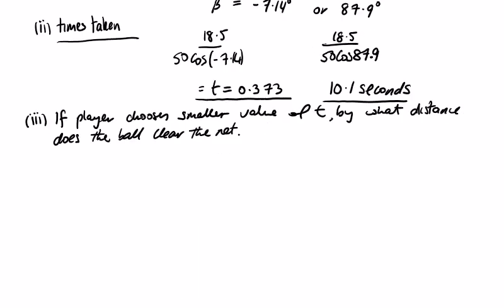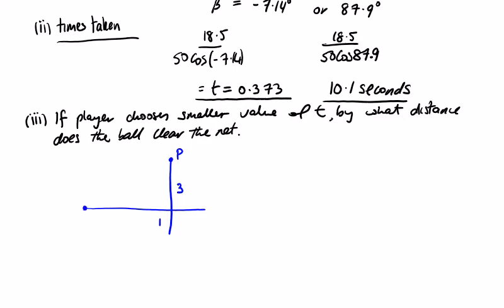Part 3 asks if the player chooses the smaller value of t, by what distance does the ball clear the net? Okay, the diagram might help here. Here's P. He's 3 above the ground. The net is 1 above the ground. So 1 on this side.